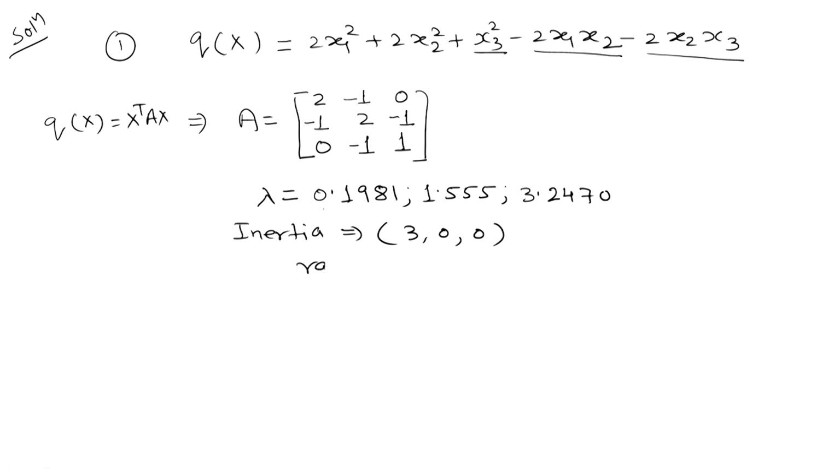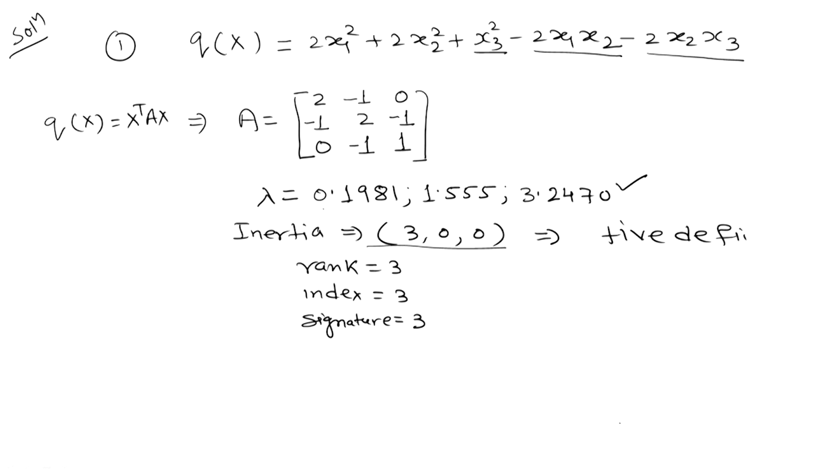Here rank is 3, index is 3 and signature is again 3. So, since all the eigenvalues are positive, and rank equals index equals signature, I will say the matrix is positive definite, PD, and hence the associated quadratic form is also positive definite.